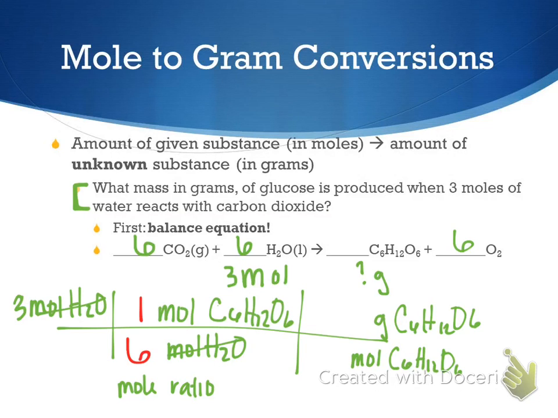So when the conversion is between moles and grams, what does moles get? 1. If moles and grams are in the same part of our T-chart, moles gets the 1, and then this needs to be our molar mass. So we need to calculate the molar mass of glucose. Do we get about 180?